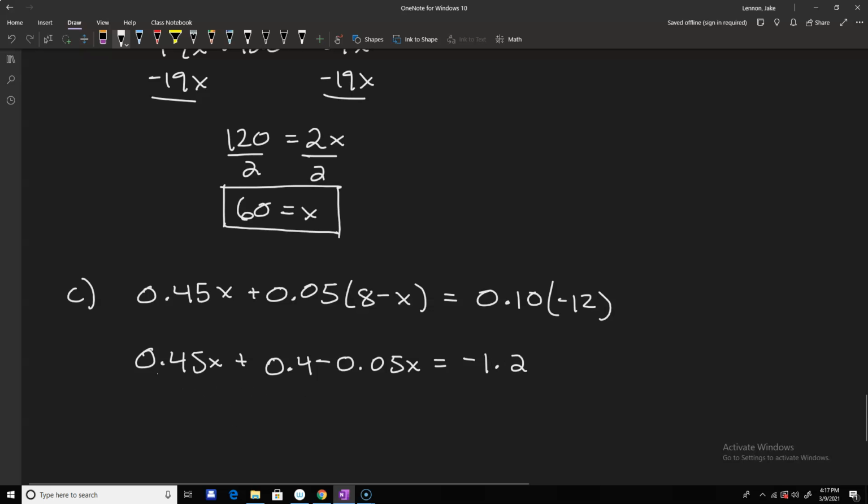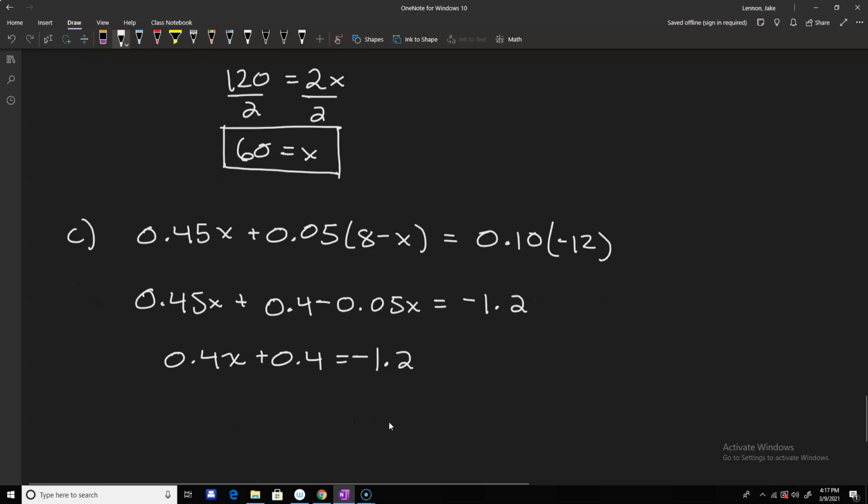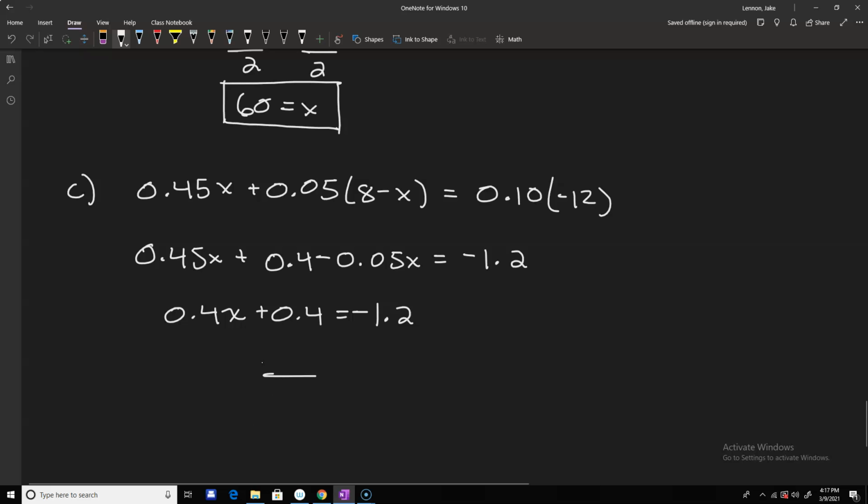So on the left, we can collect 0.45x minus 0.05x is just 0.4x plus 0.4 equals minus 1.2. So we're going to want to subtract that 0.4. So we have 0.4x equals minus 1.6 when you add those two.